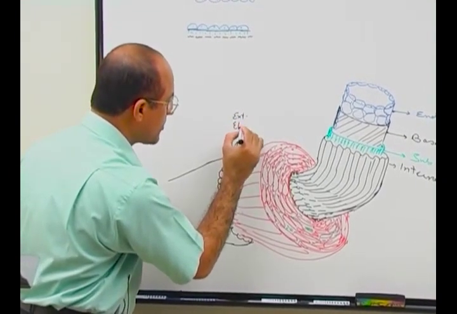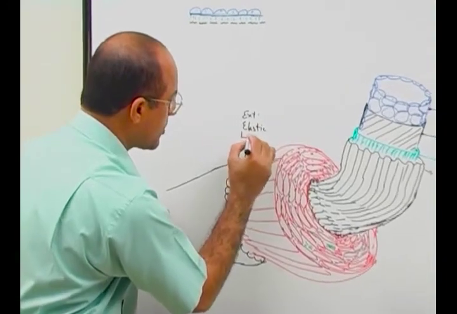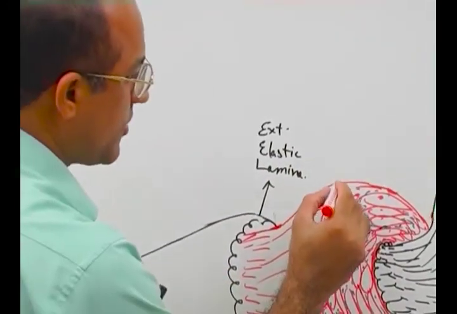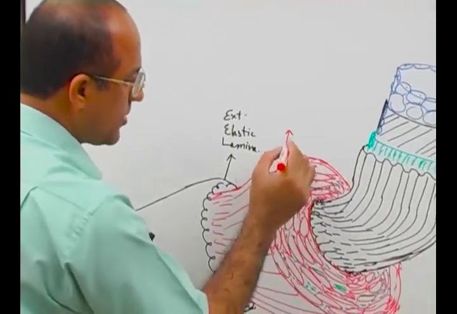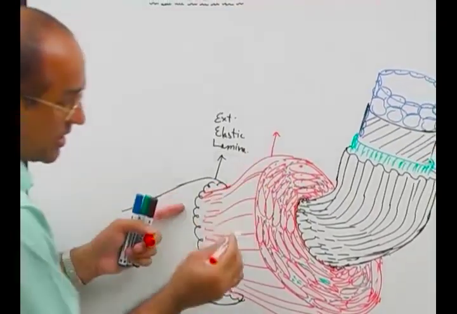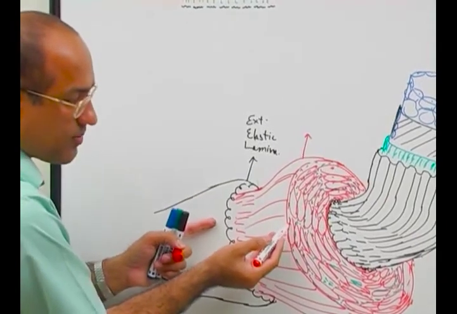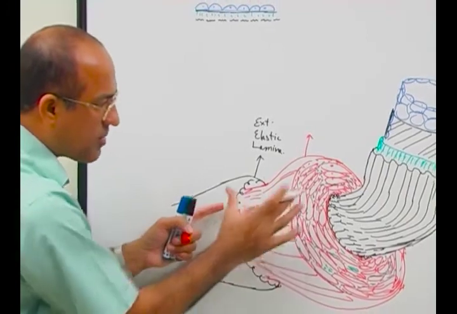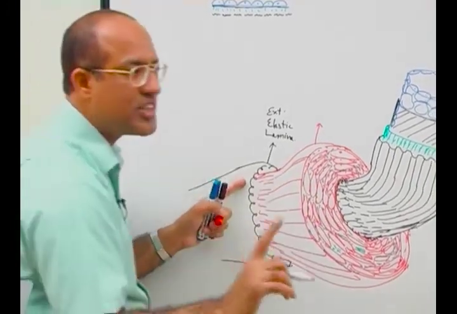External elastic lamina. And what was this? Smooth muscles, all these muscles with the external elastic lamina, both are together called media.